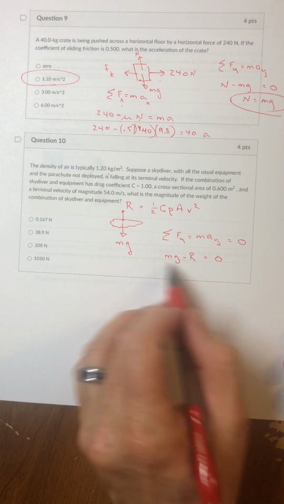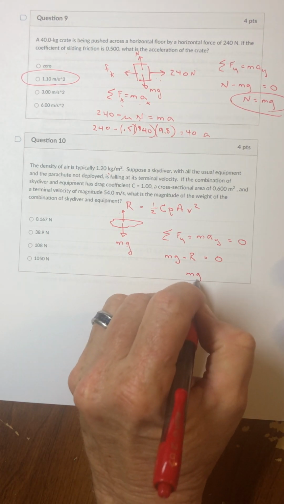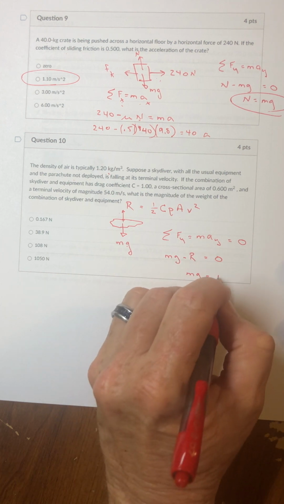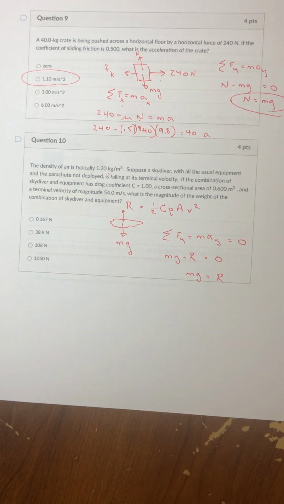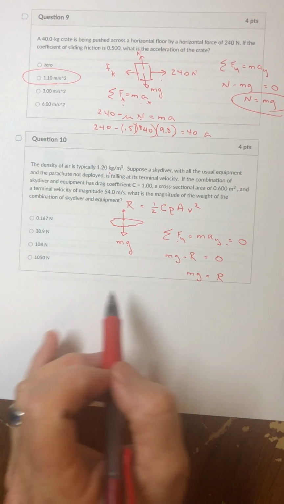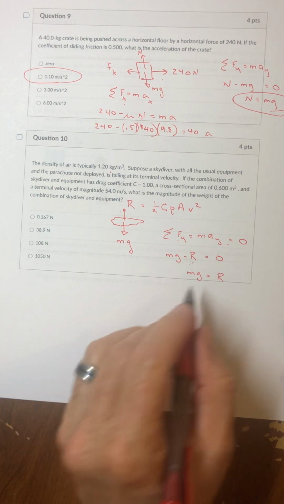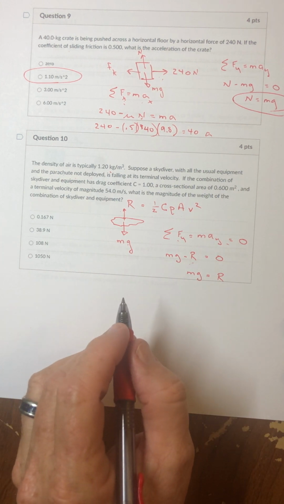There's no net force, and so the acceleration is 0. And so one of the things that hopefully is obvious is that in this scenario, because of Newton's second law, we can say that the resistive force is equal to the weight of it. Okay.